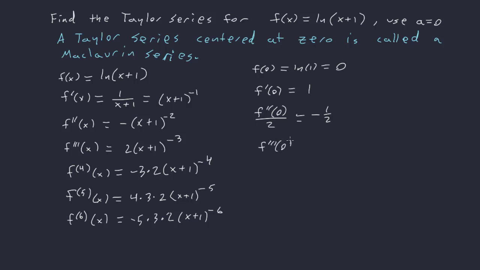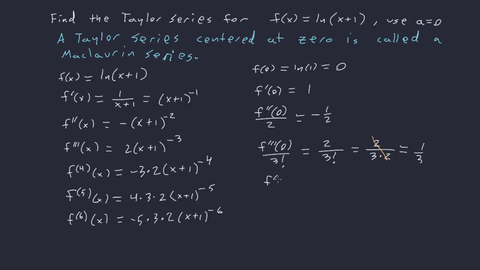F triple prime of 0 divided by 3 factorial. Well, this is going to be, from here, 2 over 3 factorial, and here's why I write it like this, because now this is 2 over 3 times 2. All right, and those 2's cancel nicely, and we get down to 1/3.